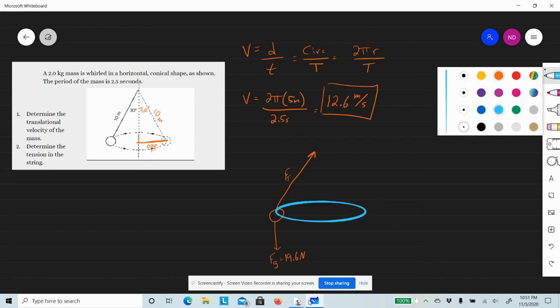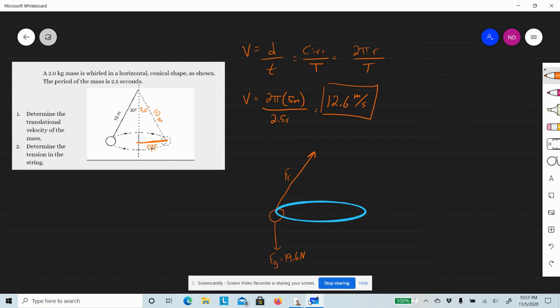While it's moving in that circular path, some of that force of tension is sideways. We'll call it force tension in the x, and some of that tension is upwards, force tension in the y.